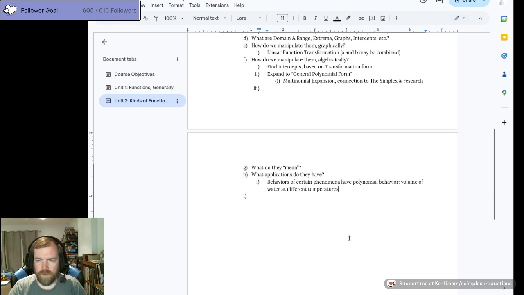So volume of water at certain temperatures is going to have a polynomial behavior. Higher degree, non-quadratic. We also have something with electricity and magnetism.